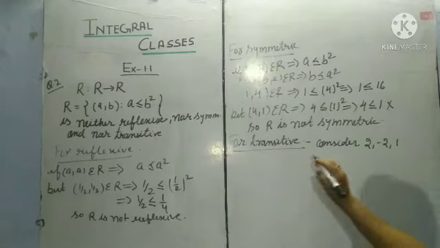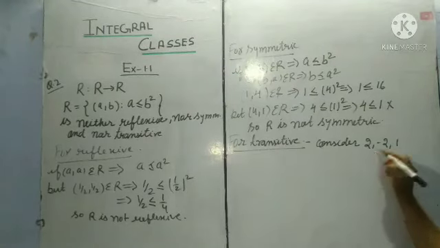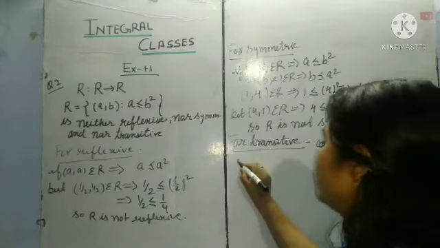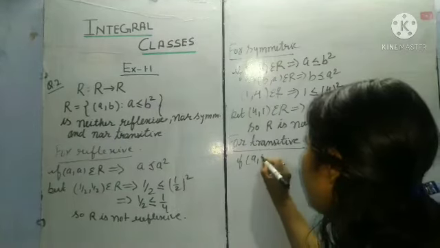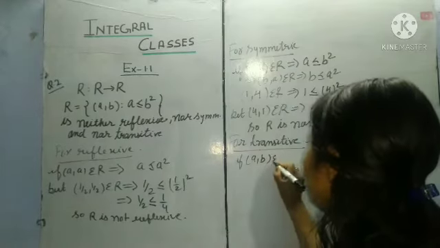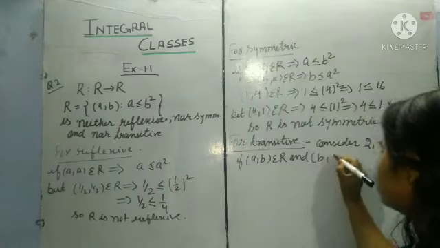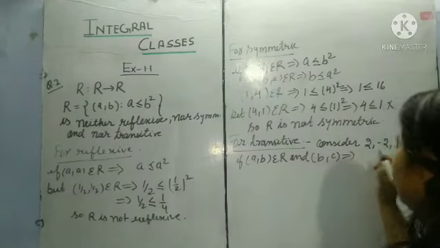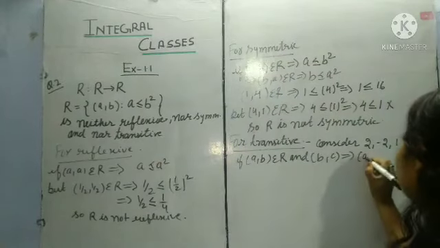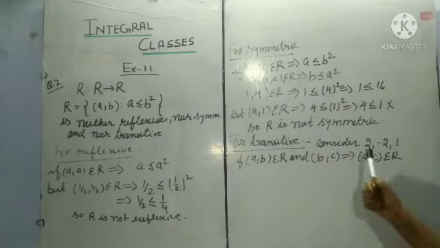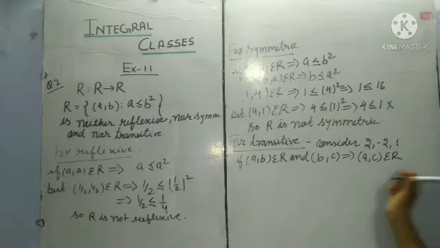Now for transitive, consider three numbers 2, -2 and 1. What is the condition of the transitive? If (a, b) belongs to R and (b, c) belongs to R, then it implies that (a, c) also belongs to R. Now we will take three numbers 2, -2, 1.